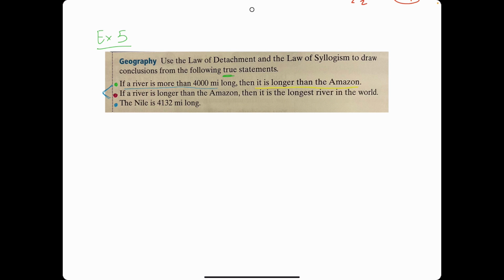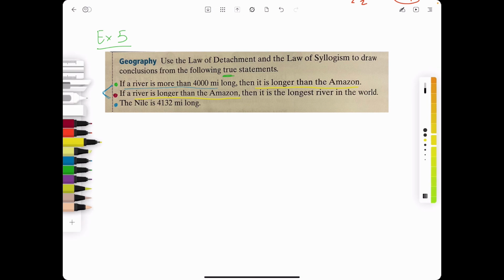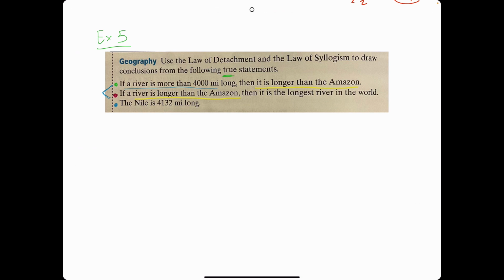Oh, here, if a river is longer than the Amazon. Those are kind of the same thing, written a little differently because it's the English language. Then in the second conditional, the conclusion is it's the longest river in the world. We can conclude then with just this part here that I have the little blue-green arrow to. We can then say, let's simplify it.